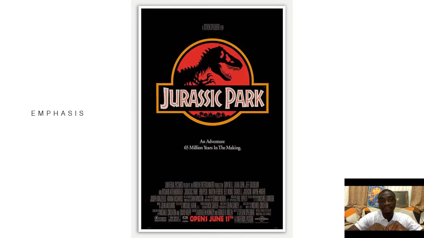Emphasis. We have the Jurassic Park, that is the design we see on our screen. We have a dominant black. We have other shapes creating some vectors with dinosaur, and color is playing the role of achieving emphasis.